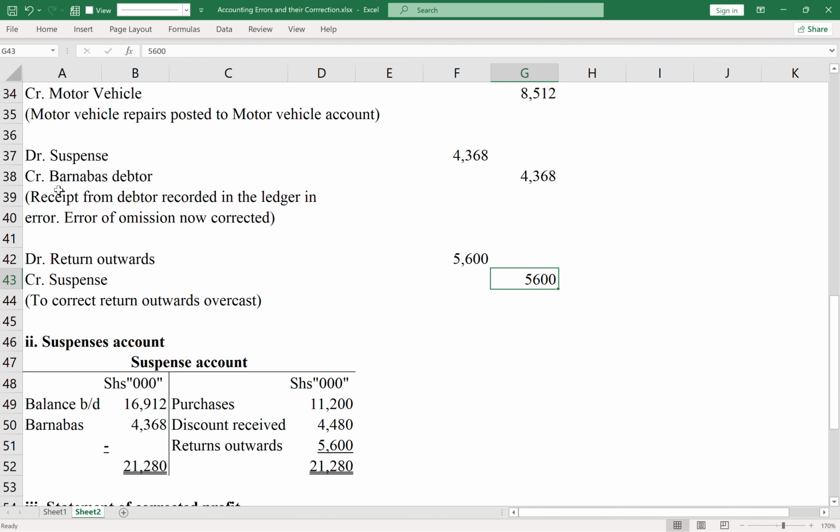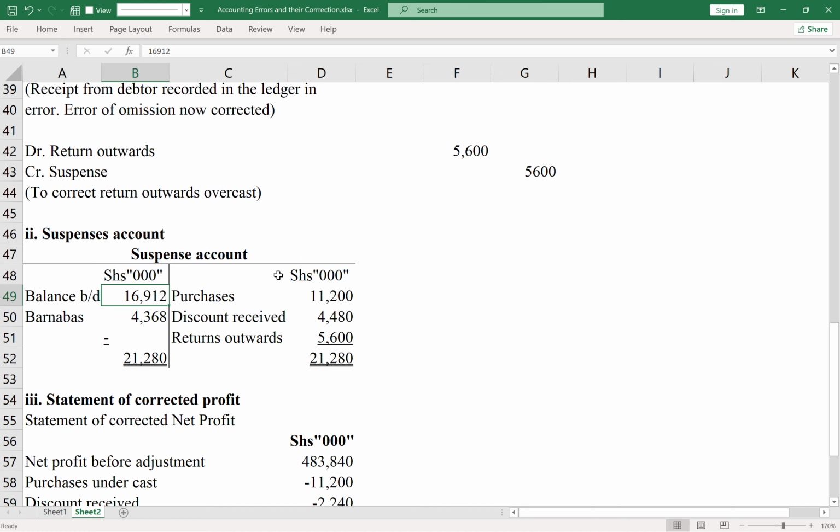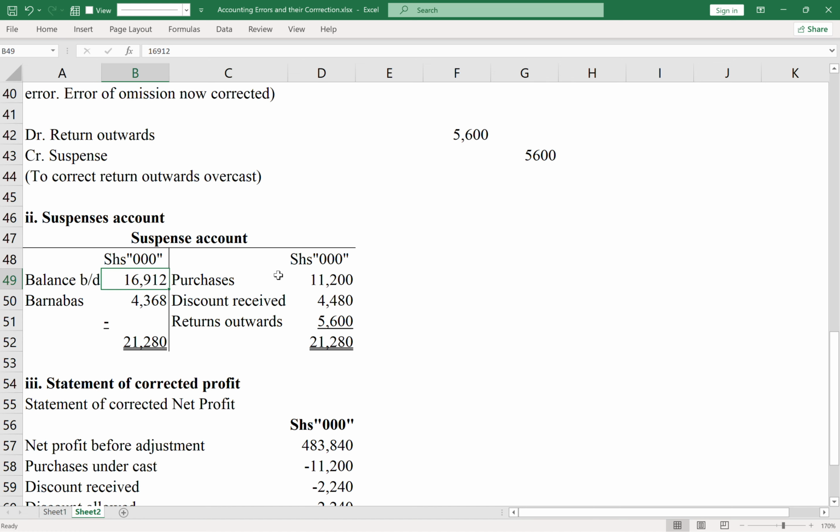So on the debit side, we are going to debit Barnabas Budi with 4,368. When we add this, we are going to get 21,290. So the balance figure shall be 69,12. So that is the balancing figure, or the balance brought down in our suspense account.